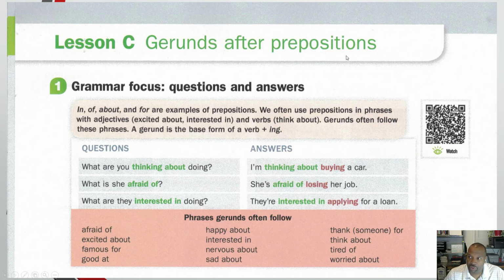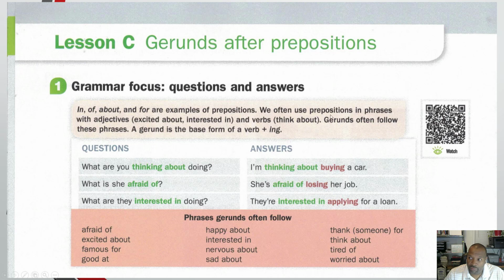Okay. Page 88. Lesson C. Gerunds after prepositions. So we talked about gerunds. Now let's talk about using gerunds after prepositions. We use them in questions and answers. Let's read here. In, of, about, and for are examples of prepositions.